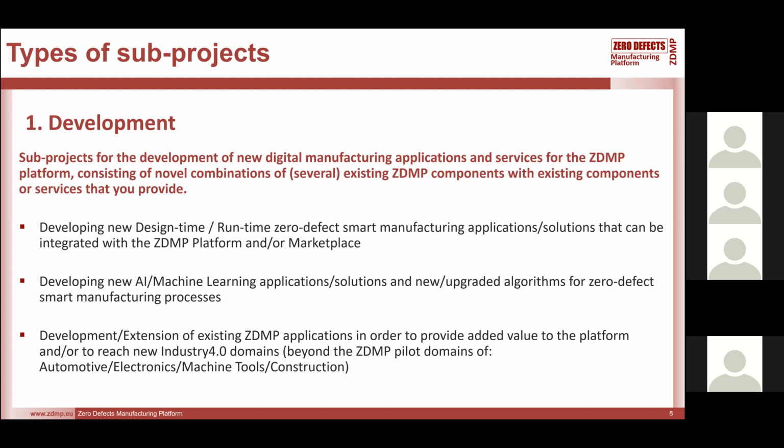We are keen to reach into new Industry 4.0 domains. That's beyond our pilot ones that Stuart's introduced to you, but it's not necessary. If you are within those 4 I4.0 domains, by all means do apply. But if you're active outside of them, that's great as well.